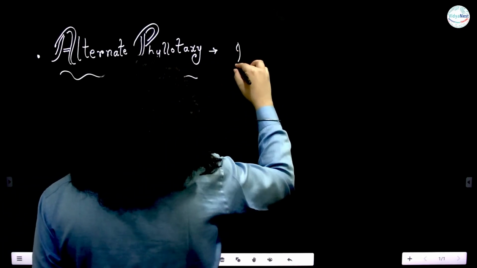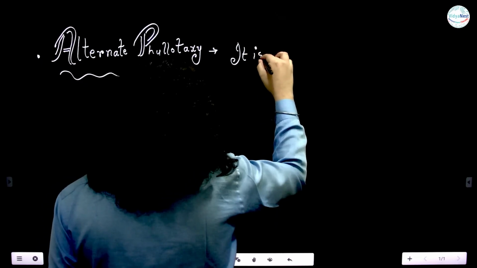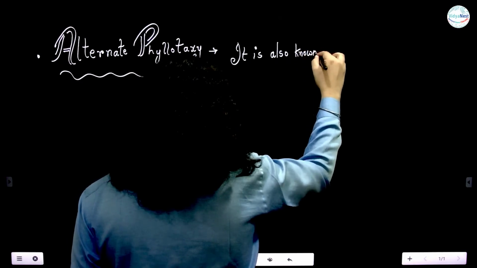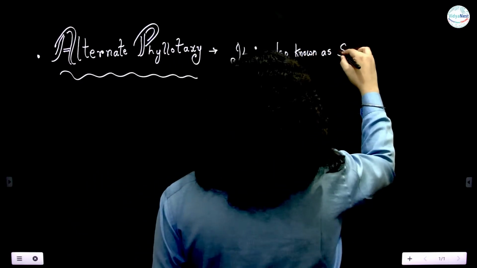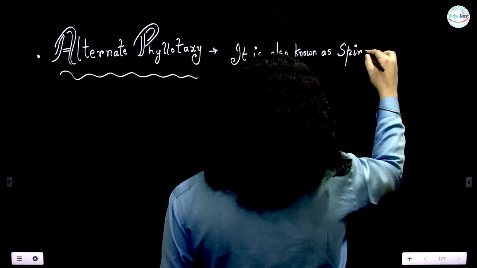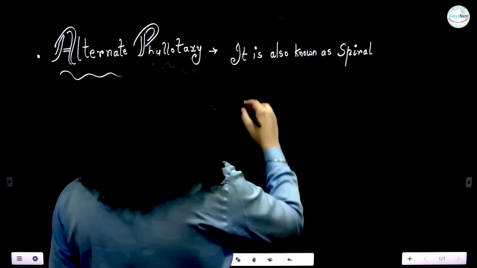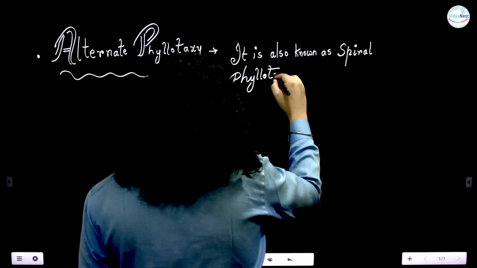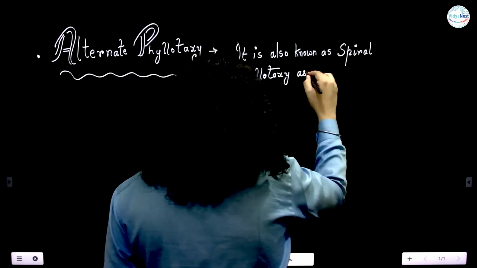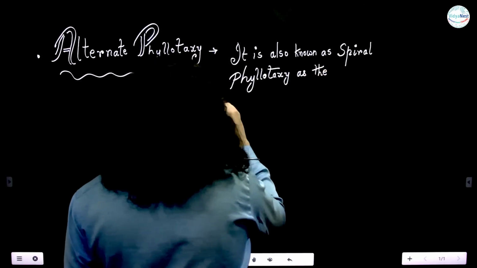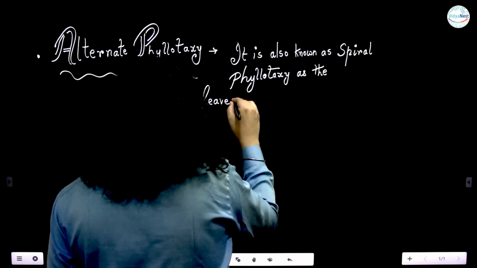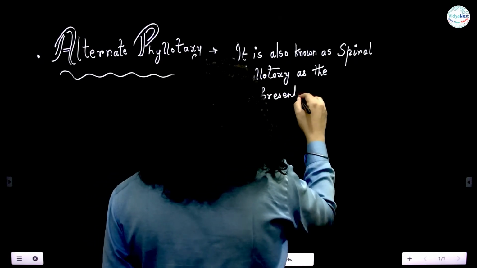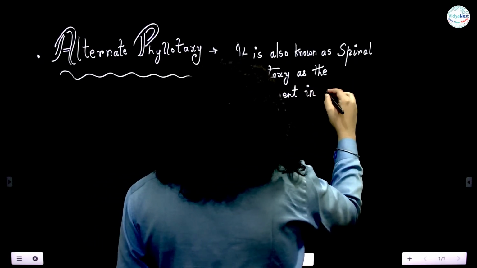It is also known as spiral phyllotaxy, as the leaves are presenting in a spiral manner.